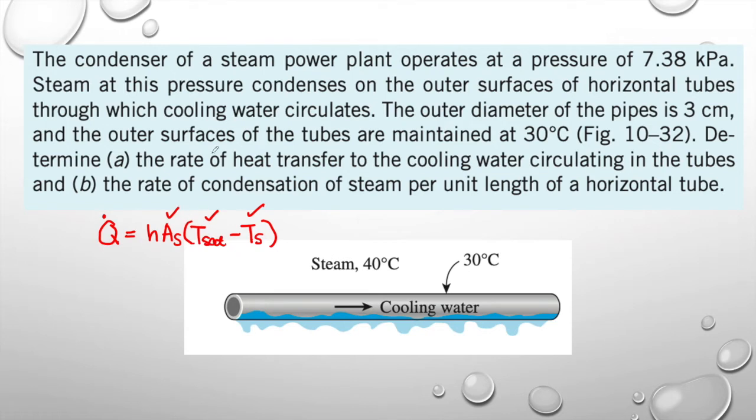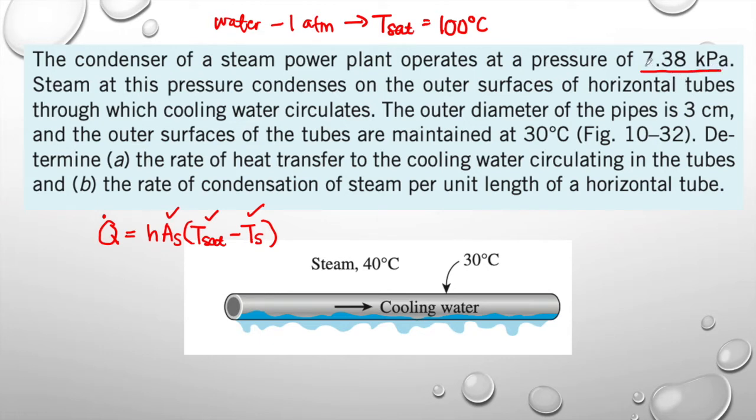Now, if water condenses at 1 atm, the T saturation for water at 1 atm is 100 degrees Celsius. Now we have different information here, where this steam power plant operates at 7.38 kilopascal.